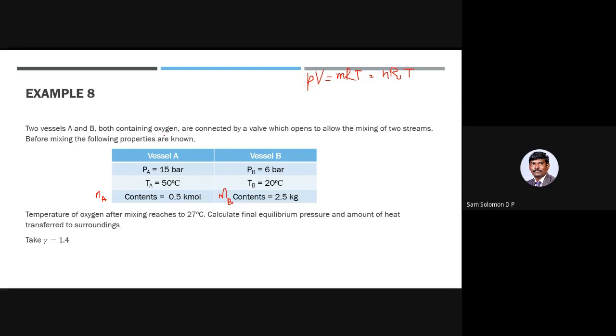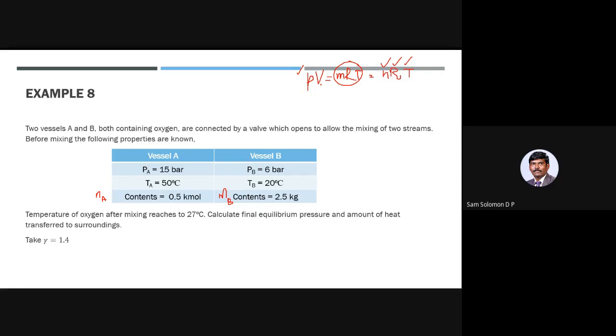If you look at this particular vessel, the pressure is given, the temperature is given. So we can't use mRT for this particular vessel A. The temperature is given and the number of moles is given. The value of Ru is known to us, 8314.4, so you can find out the value of Va.